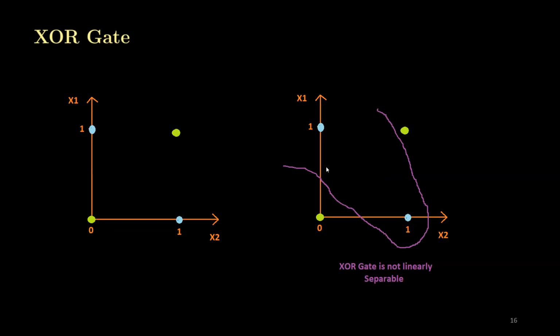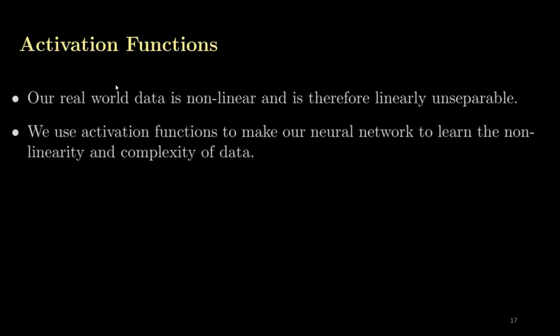So in order to make the perceptron learn non-linear hidden patterns in the dataset, we need an activation function. So why do we need an activation function? Our real world data is non-linear and therefore it is not linearly separable. So we use activation functions to make our neural network learn the non-linearity and the complexity of the data.